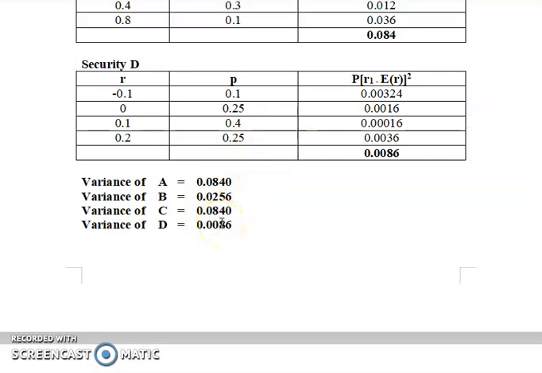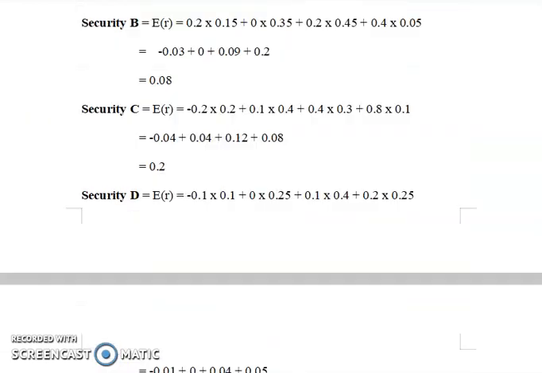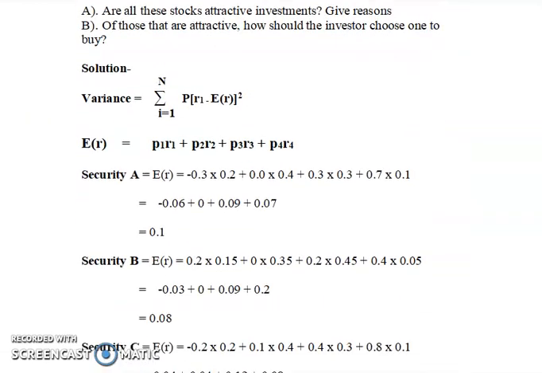So, variance and return. If I see the variance of A and the variance of C, why particularly A and C am I talking about?